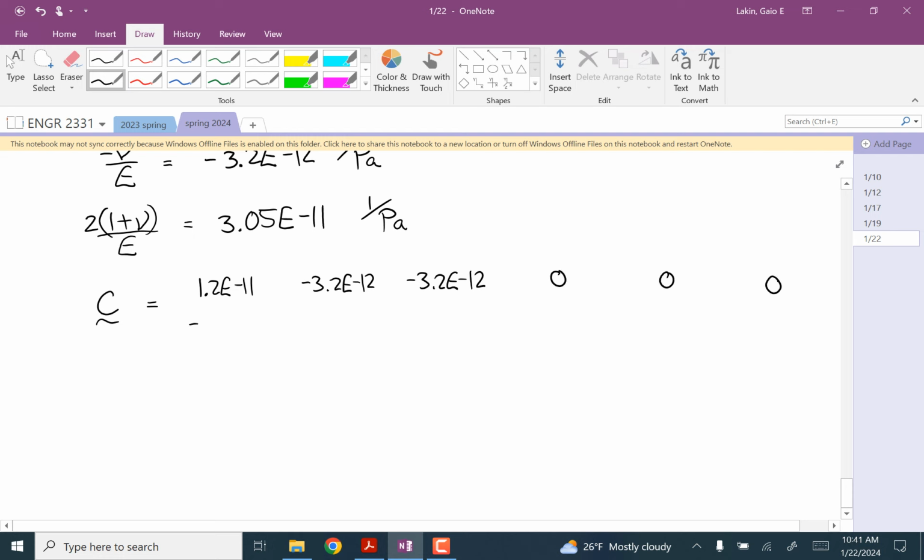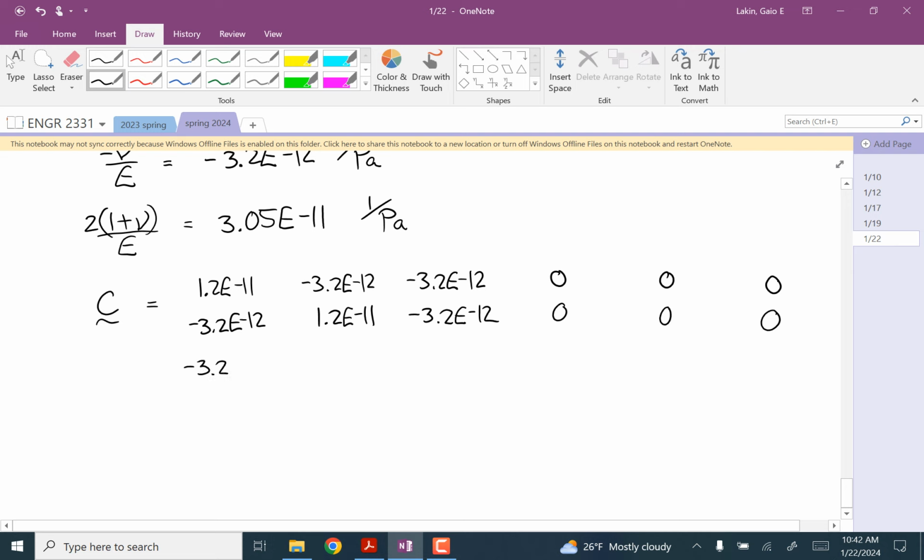Then minus 3.2 times 10 to the minus 12, 1.2 times 10 to the minus 11, negative 3.2 times 10 to the minus 12, 0, 0, 0.